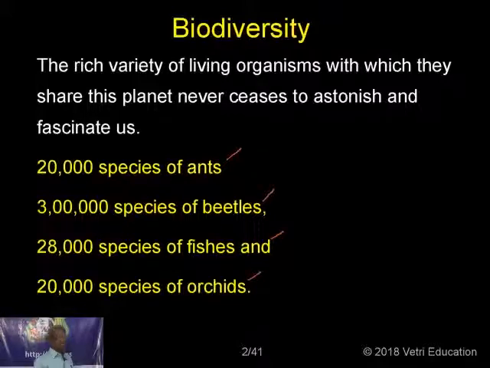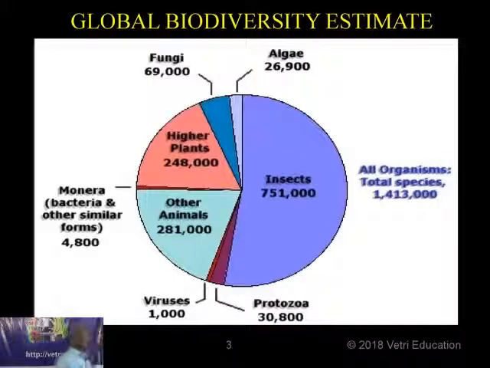You don't have only one organism in this world. The number of organisms present in this world is so varied that it is enormous in nature. This diagram gives you a very beautiful estimate of the different organisms existing in this world. I will start here.